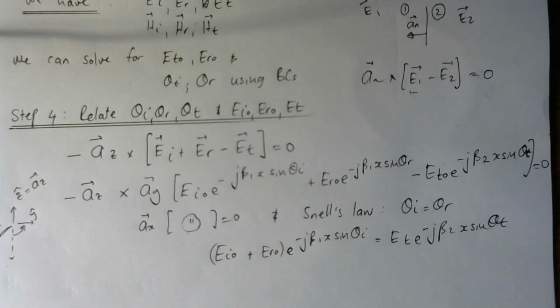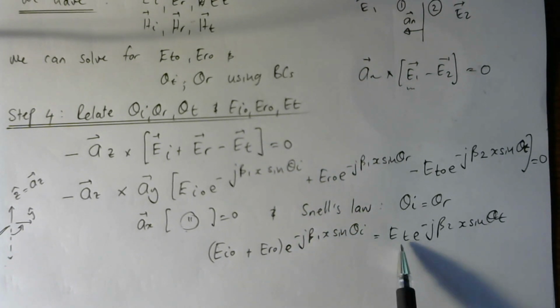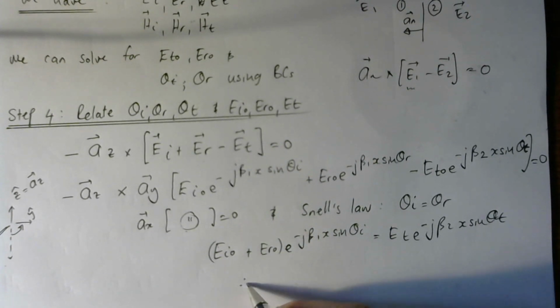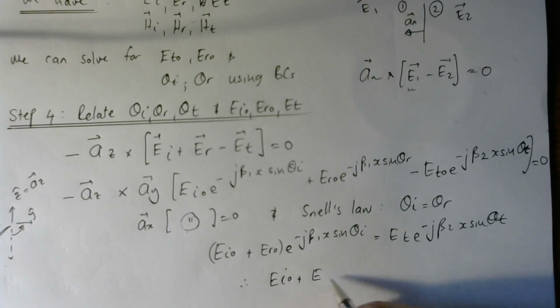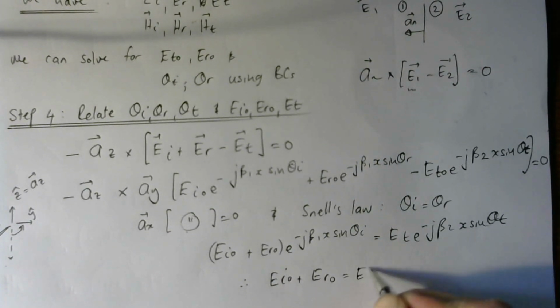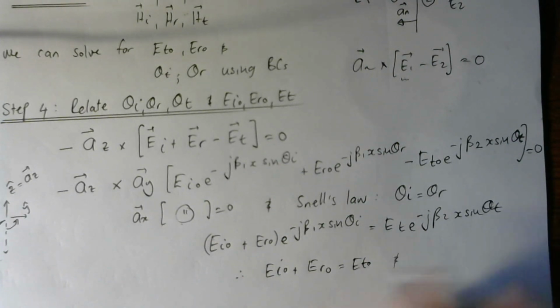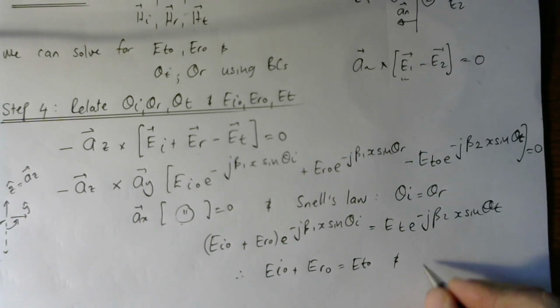Now I am getting really close. So this is just a complex number in polar form, some coefficient, some angle, some coefficient, some angle. For these two complex numbers to be equal, I have EI0 plus ER0 is equal to ET0, and I have the case where this and that argument has to be equal.